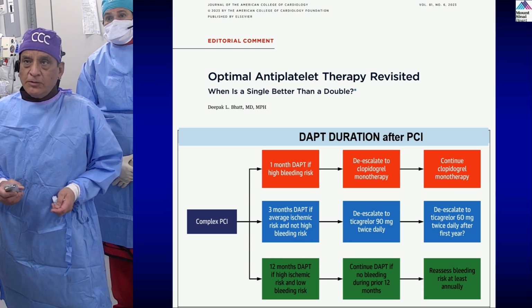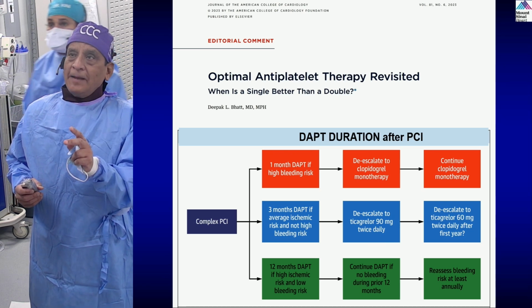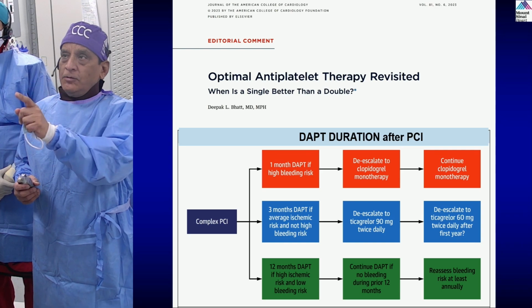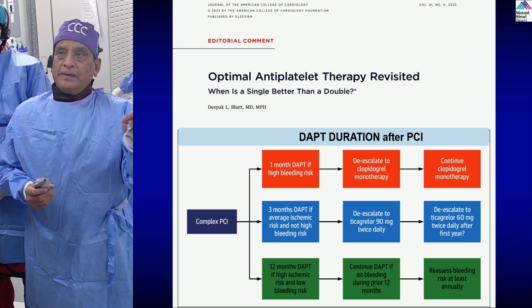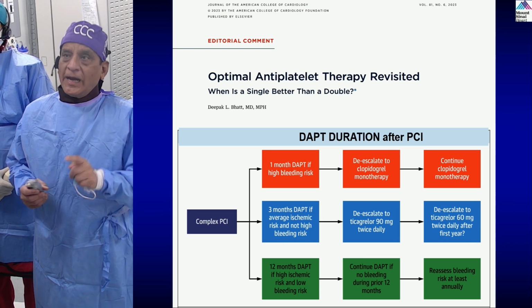So let me put this together and take you through complex PCI. On the top, 1 month of DAPT if high bleeding risk, then de-escalate to clopidogrel monotherapy and continue clopidogrel monotherapy, taking away the aspirin. Second, 3 months of DAPT if the patient has average ischemic risk and not a high bleeding risk.